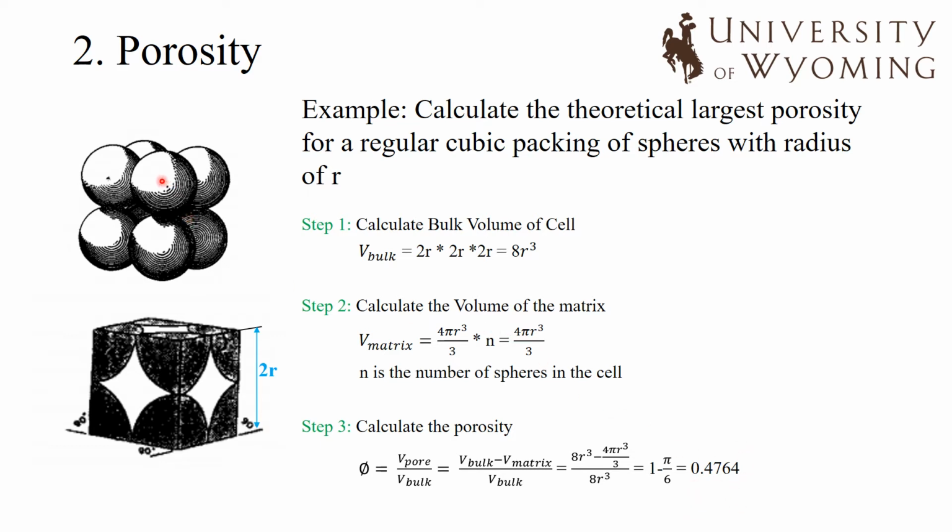This assumes a perfect cubical packing of grains of equal size, as you can see here. And if you go through the derivation, you will find that the porosity in this case will be 47%. And no matter what other case you study, the porosity will never be greater than this value, no matter how those spheres are packed together.